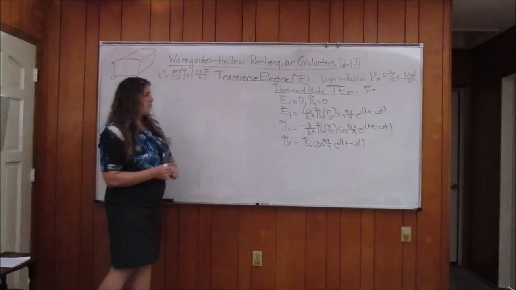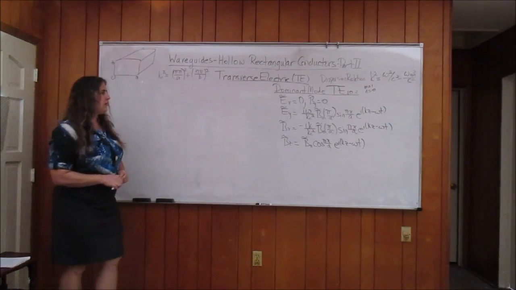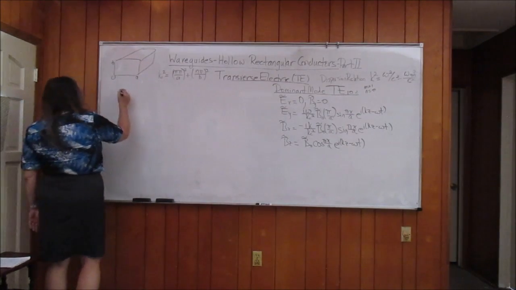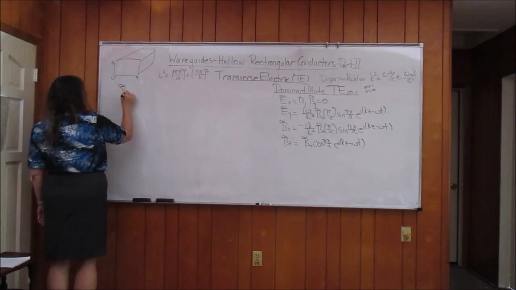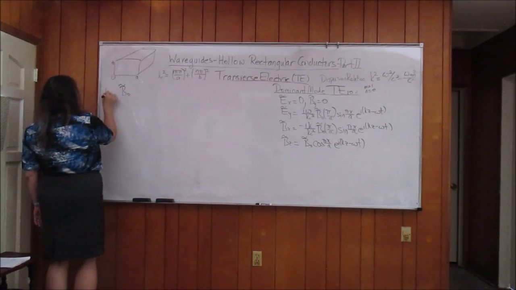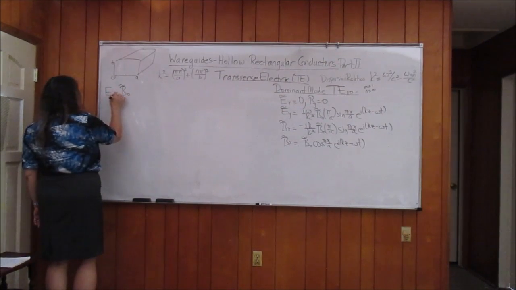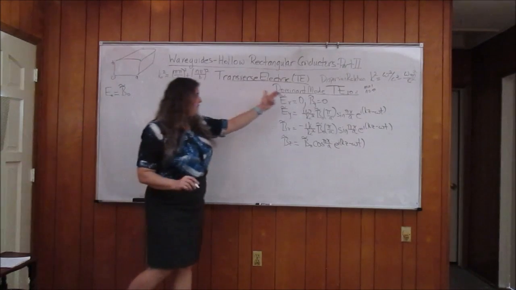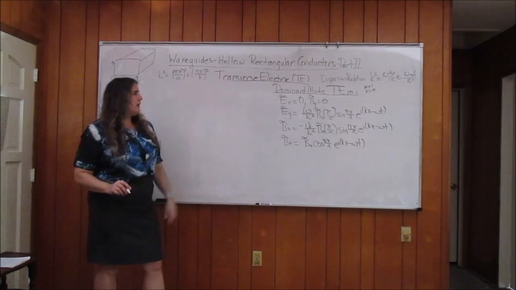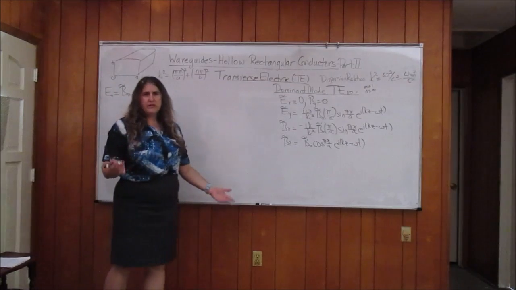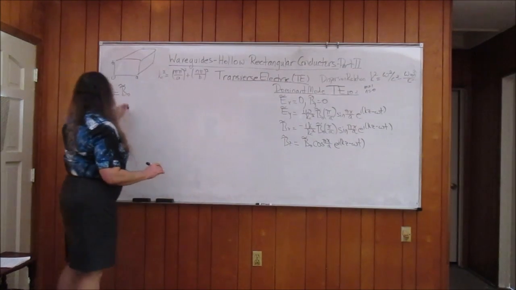Okay, so notice I've expressed this in some complex amplitude B naught. Sometimes it might be more convenient if I express these amplitudes in terms of E naught instead of B naught.